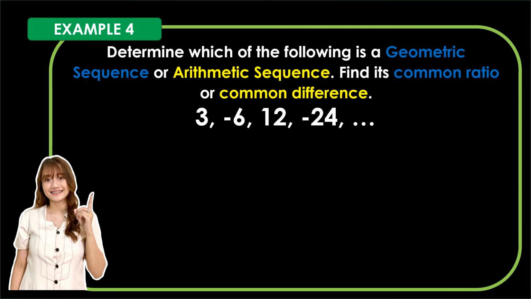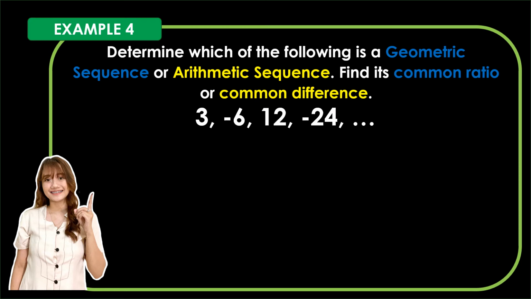Now, let us have example 4. We have 3, negative 6, 12, negative 24, and so on. Now, observe that the given sequence has alternating signs. We have a positive, a negative, a positive, and a negative sign.